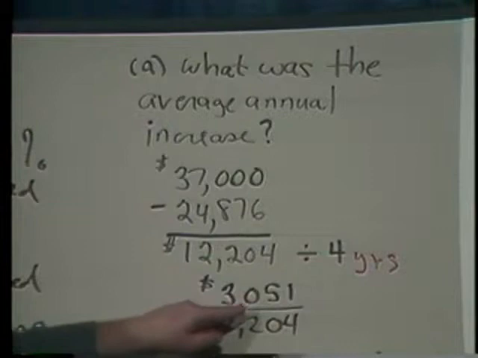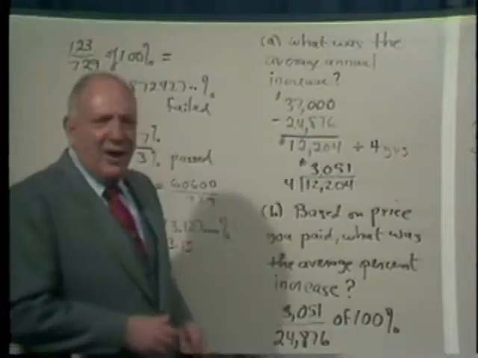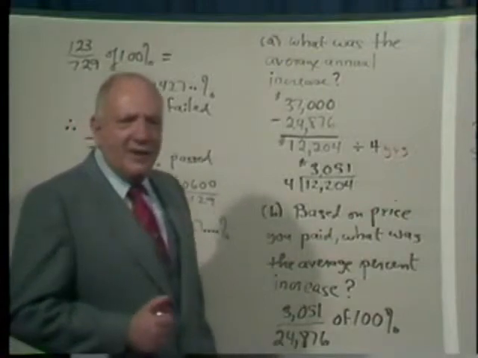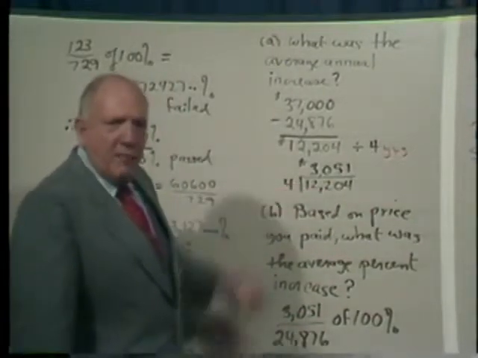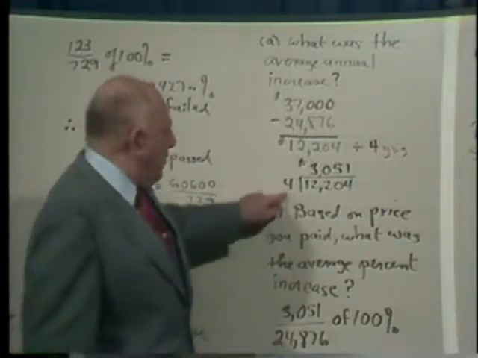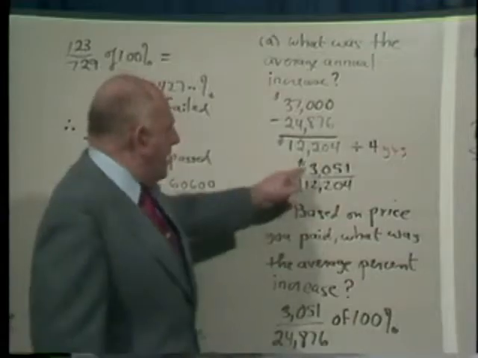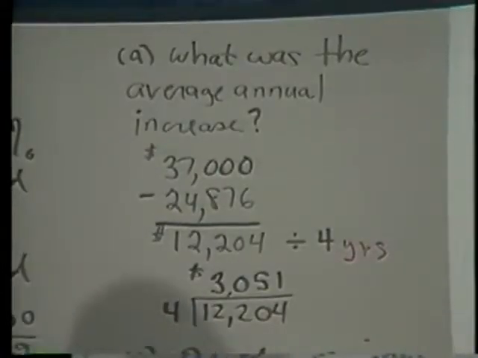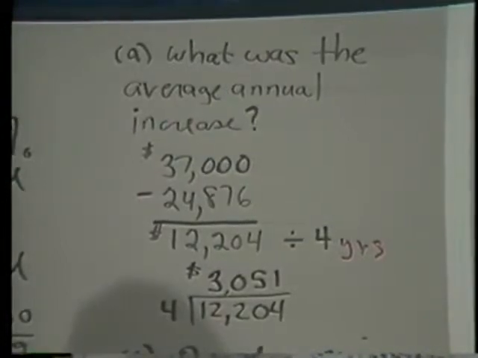So if I do this division, and again, I did this out the long way, it's not that long, to show you shouldn't become a slave to the calculator. You could take 12,204 and divide by 4, but if the calculator isn't handy, it's much quicker to do this, hopefully, than to go looking for the calculator. At any rate, that would say that on the average, each year, your house increased in value by $3,051.